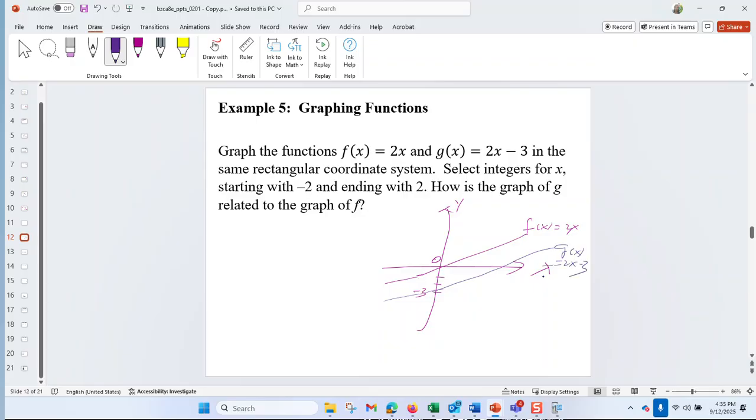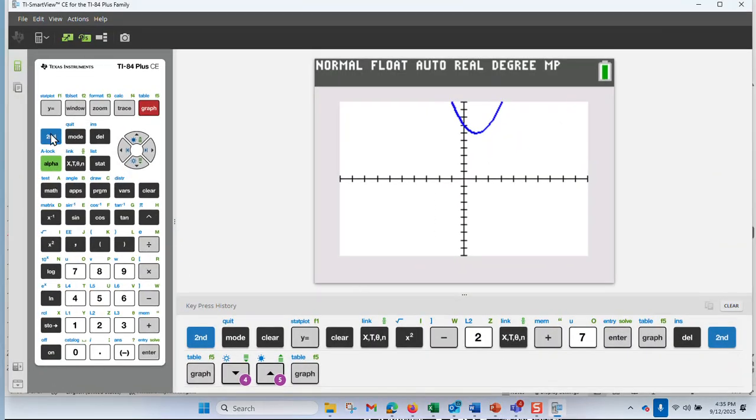If we write these in y equal to mx plus b form, which is slope-intercept format, then m1 is 2 and m2 is also 2. So the two lines are parallel because the slope is the same. When two lines have the same slope, they will be parallel. We can also put these in the calculator and graph them.